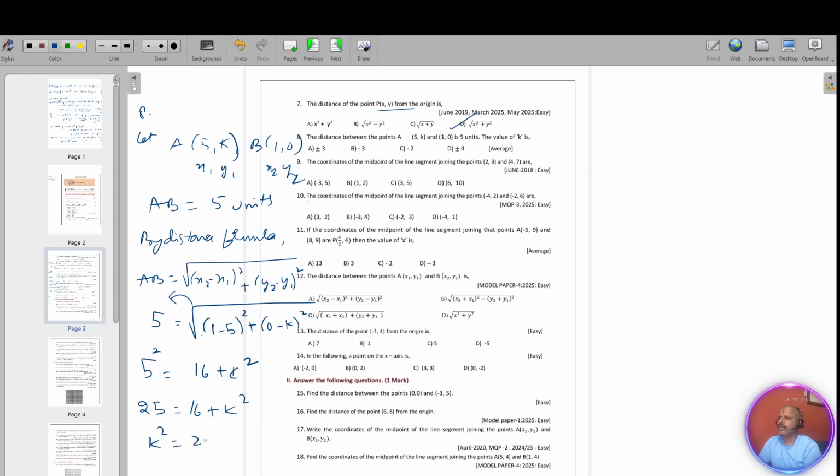K square is equal to 25 minus 16. K square is equal to 9. K equal to plus or minus root 9, that is plus or minus 3. What is the answer we have? Plus or minus 3. Okay. Very simple. Distance formula you apply. Distance is given. Transpose the square root, it will become square. Simplify the bracket and solve for the unknown. It's an important question, 1 mark.